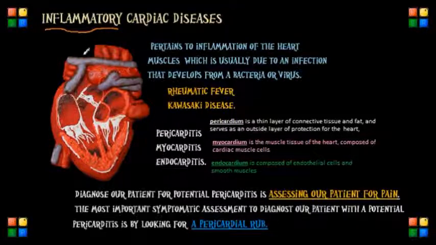The heart wall is comprised of three layers, right? The outer epicardium that covers the pericardial layer or the pericardium, the middle myocardium layer, and the inner endocardium layer. So it's important to mentally distinguish between the pericardium, the myocardium, and the endocardium layers of the heart wall.